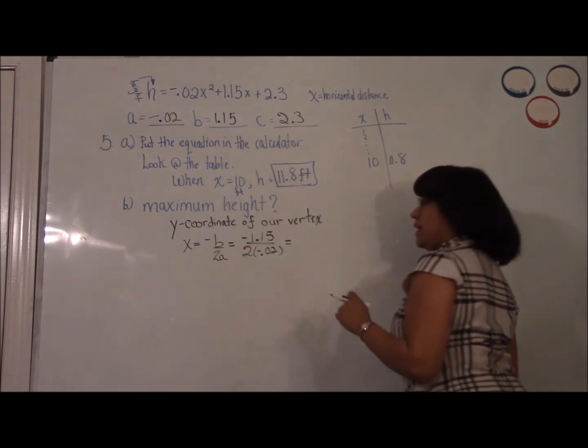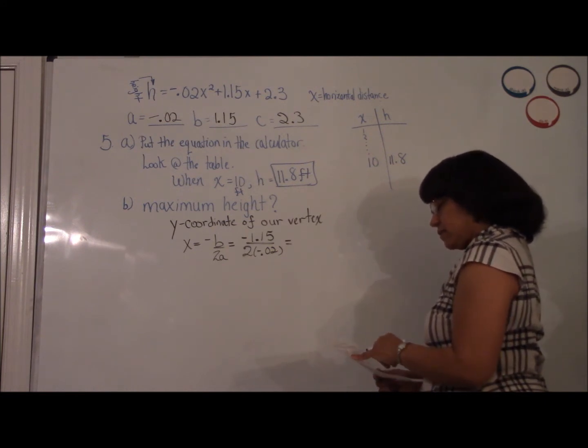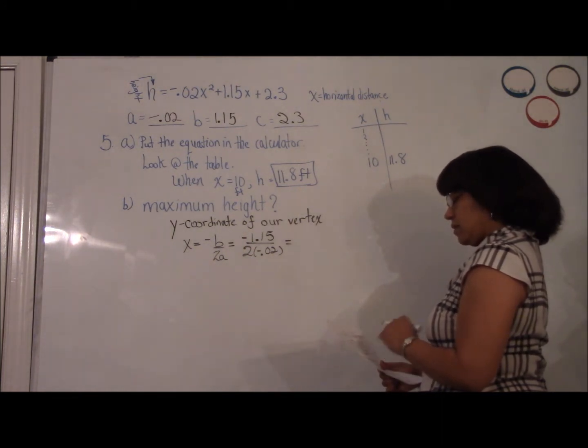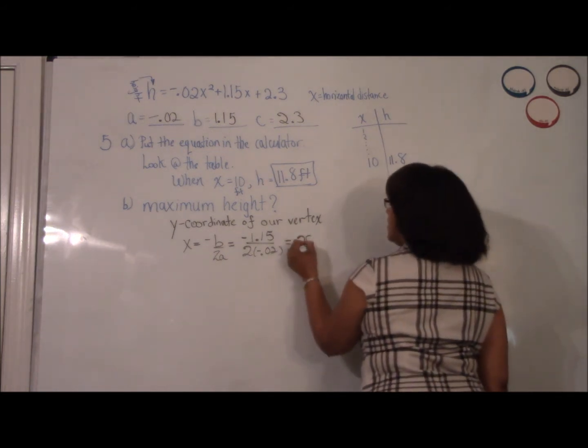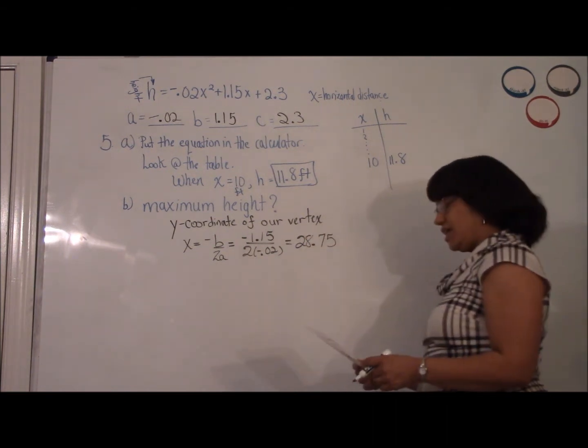And then we work that out. I've already worked mine out, so let me see what I have. Okay, I got 28.75. So you can check that. So our x coordinate is 28.75.